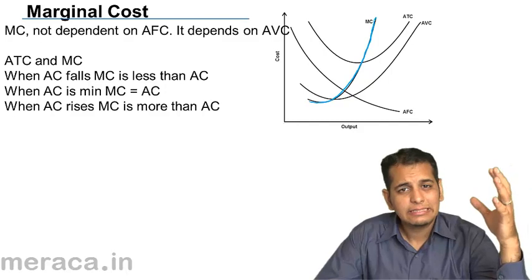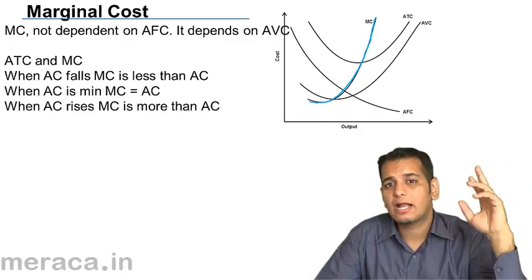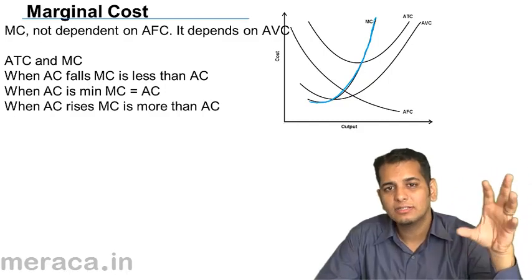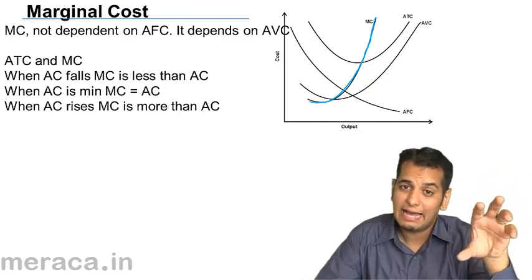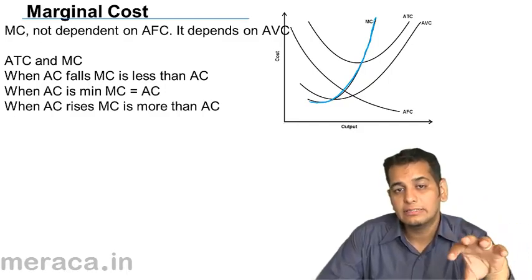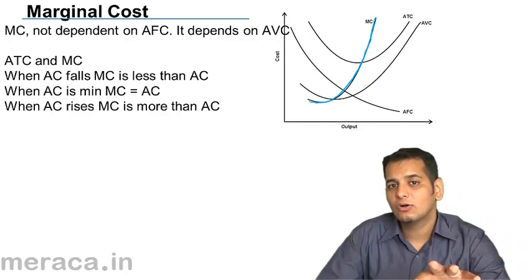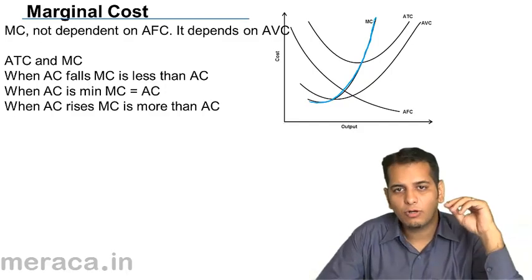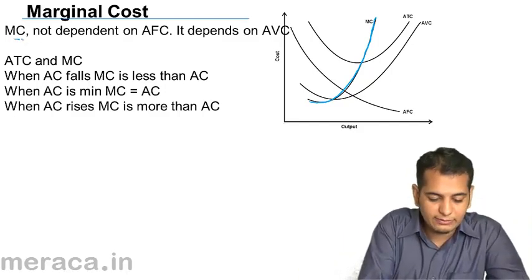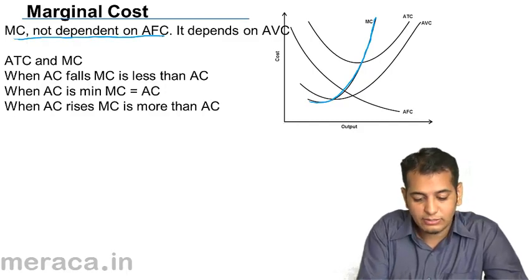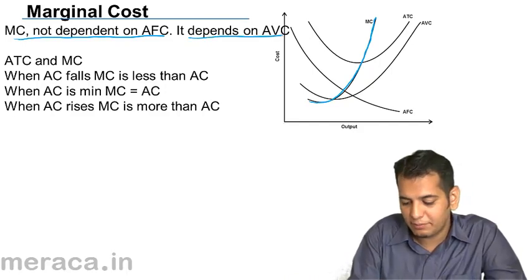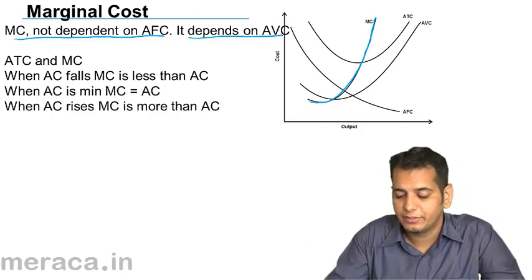Now, since the fixed cost remains fixed at all the levels, after a point, marginal cost follows the average variable cost. Marginal cost gets dependent upon average variable cost. So we can say that marginal cost is not dependent upon average fixed cost, but it is dependent upon average variable cost.